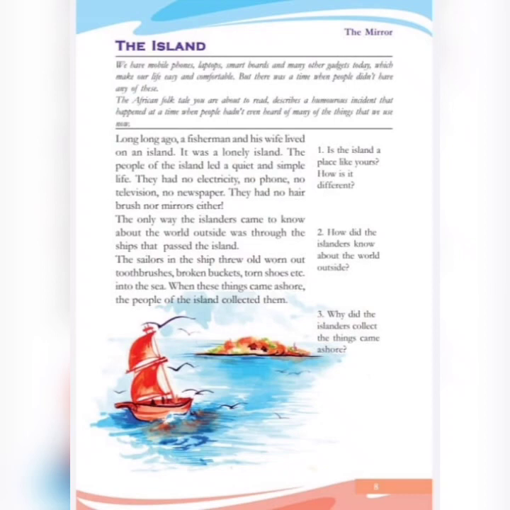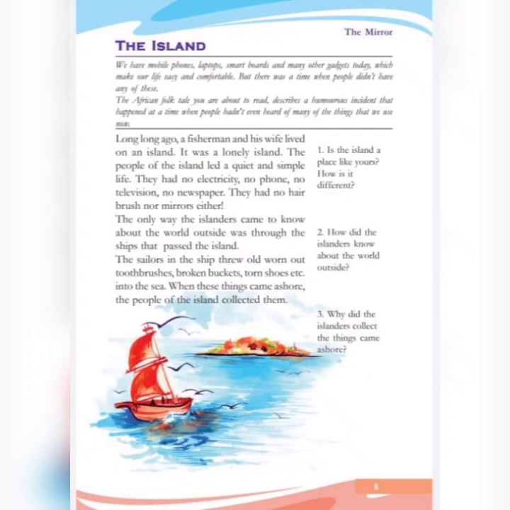Now we can go to the passage. What do you see in the picture? Look at the land surrounded by water. What do we call it? Yes, it is an island.